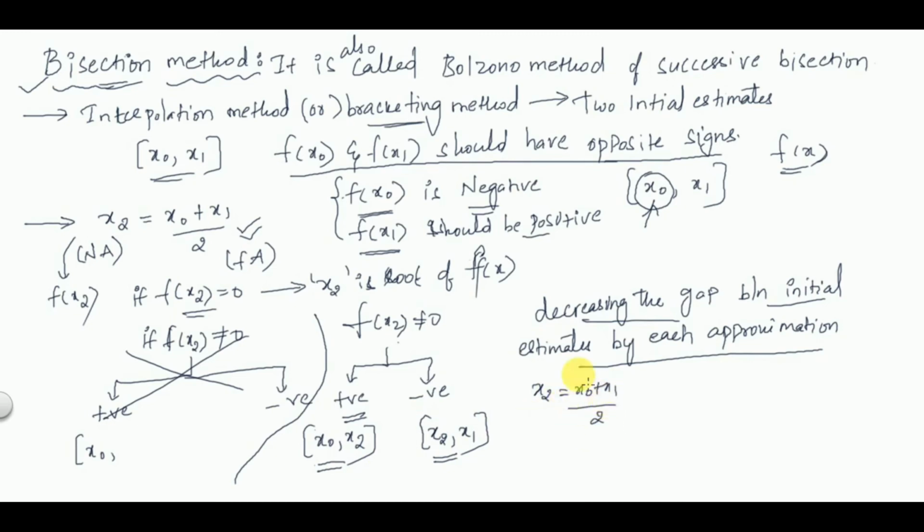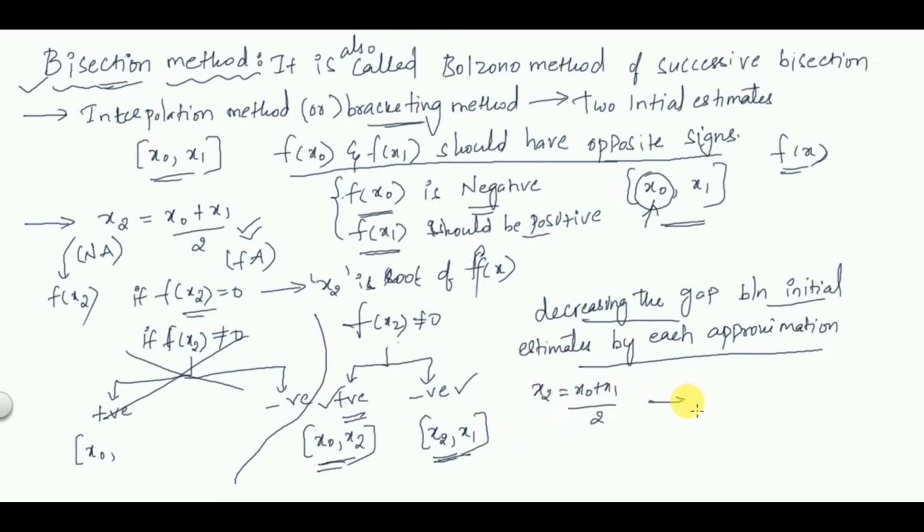So if we take x2 as the root, there will be a decrease in the gap between the initial estimates. The new estimates will be either x0 and x2, or x2 and x1, depending on whether f of x2 is positive or negative respectively. This is how successive approximations can be found by using the bisection method.